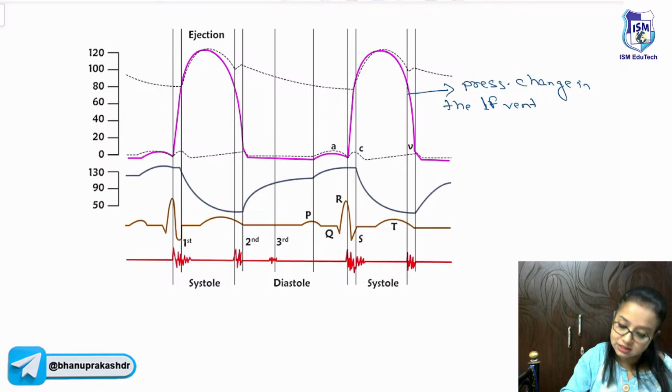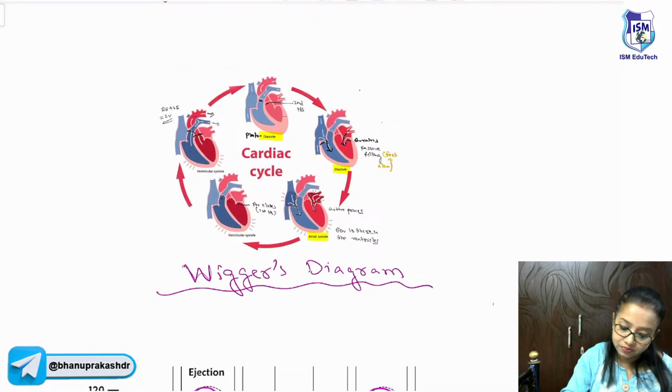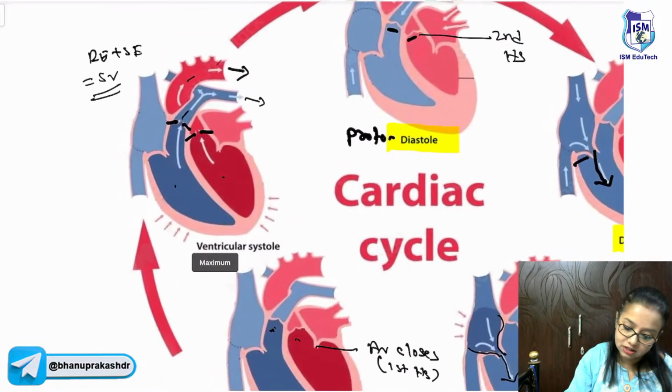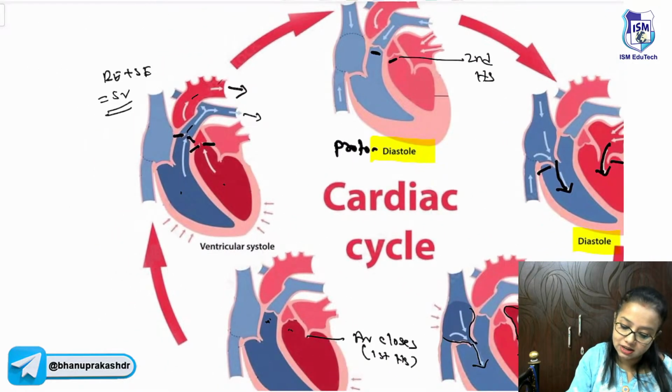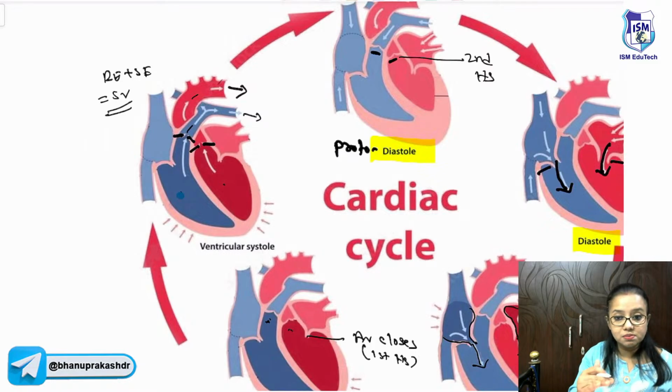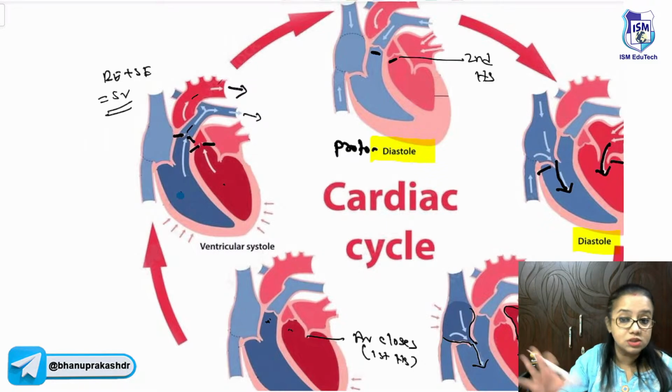In the right ventricle, the maximum pressure during ejection goes only up to 25 mmHg because the pressure in the pulmonary artery is 25 mmHg. Once the right ventricular pressure becomes more than 25 mmHg, it is enough for blood to go from the right ventricle to the lungs.